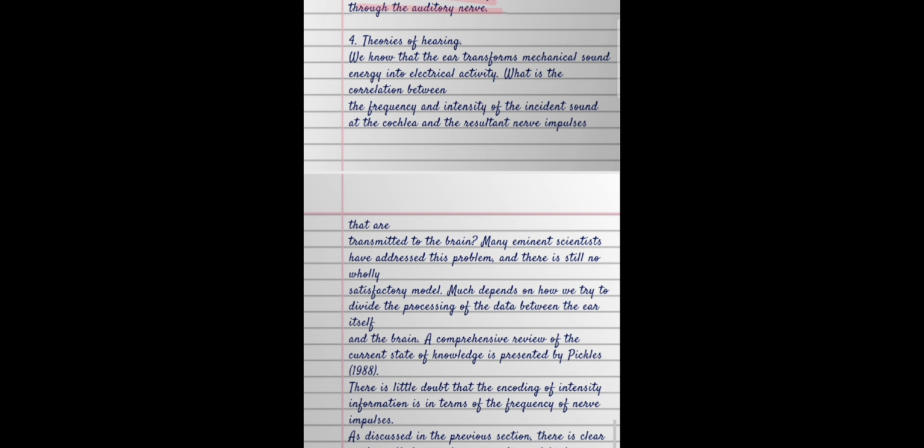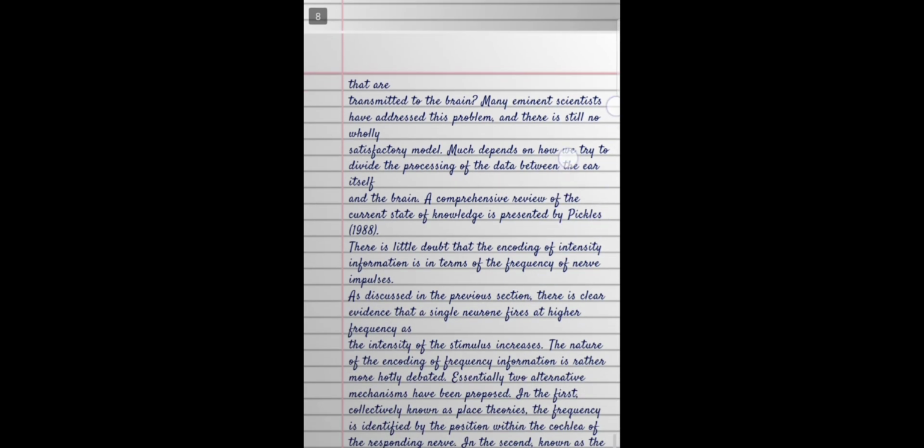Many eminent scientists have addressed this problem, and there is still no wholly satisfactory model, but it depends on how we can try and divide the processing of the data between the ear itself and the brain. A comprehensive review of the current state of knowledge is represented by Pickles in 1988, that there is little doubt that intensity information is encoded in terms of the frequency of the nerve impulses.